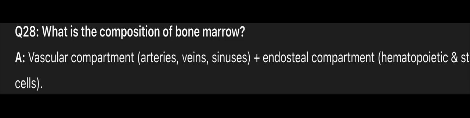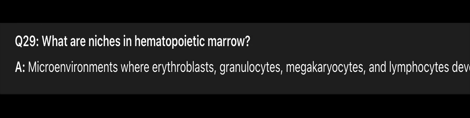What is the composition of bone marrow? I'm looking for 2 different compartments. Vascular compartment and endosteal compartment. What are niches in hematopoietic marrow?